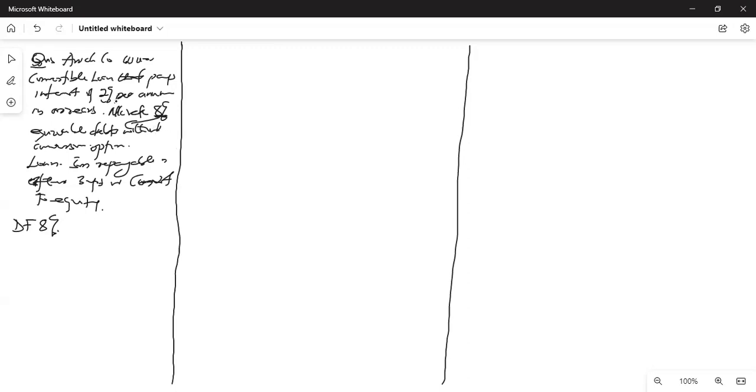You are not concerned with the nominal, you are concerned with the effective. Please take note of that. These things confuse students a lot. What you use to PV is the effective rate, not the nominal. I repeat, not the nominal. Sometimes students confuse which one to use and go and use the nominal. Once again, it is the effective rate on the market.